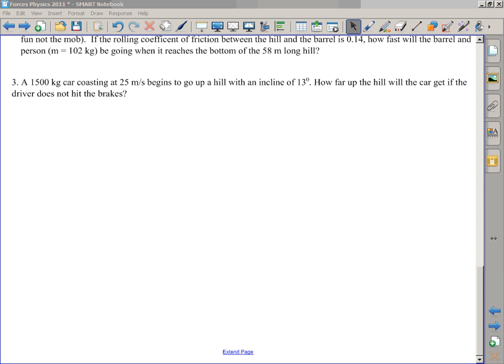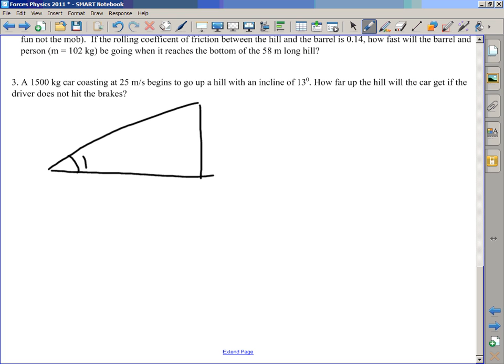A 1,500 kilogram car is coasting at 25 meters per second going up a hill, angle of 13 degrees. So the idea here is this. I've got some hill, and that's probably a little bit bigger than 13 degrees in my drawing, but oh well. I've got a hill at 13 degrees, and I can approximate it via a ramp. Now, hills, angles do change, so let's approximate it to just a straight ramp.